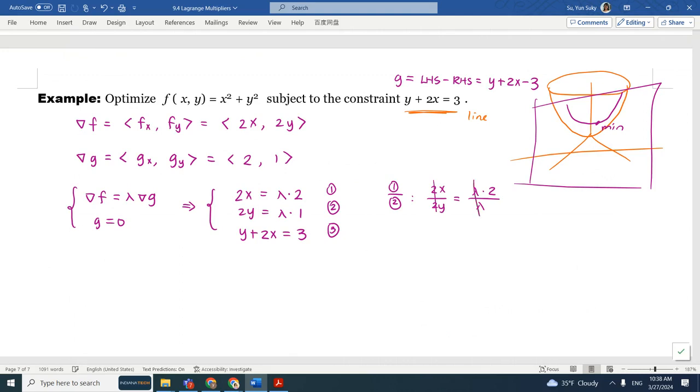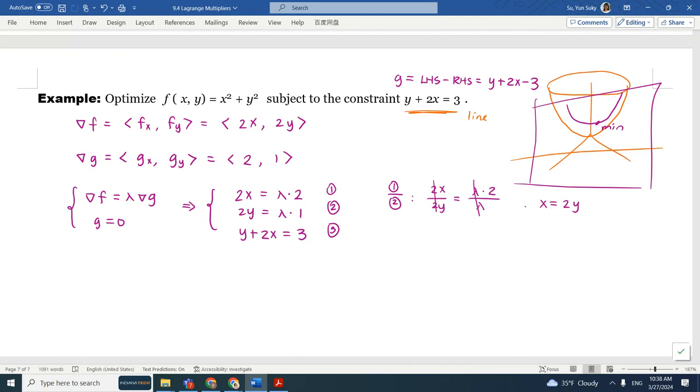Do you see the lambda cancel? And this is the same as a cross multiply. Are you okay with cross multiply? So x times 1 is 2 times y. So we get x equals 2y.